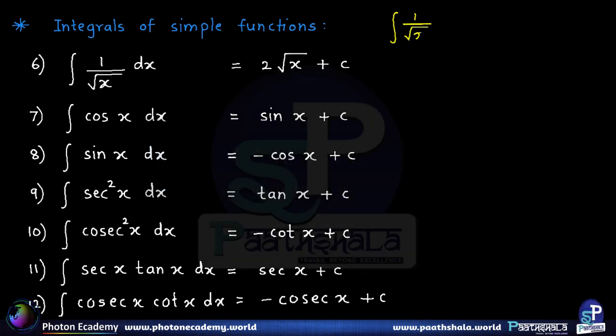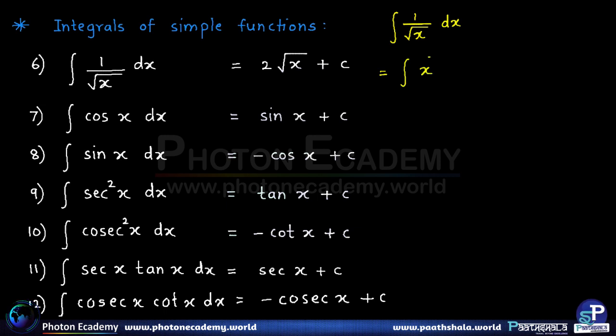Whenever we have 1 upon root x, if you want to write it as a power of x, then that can be written as x raised to minus half, simply because it's a root and it's in the denominator. So therefore 1 upon root x is nothing but x raised to minus half dx.